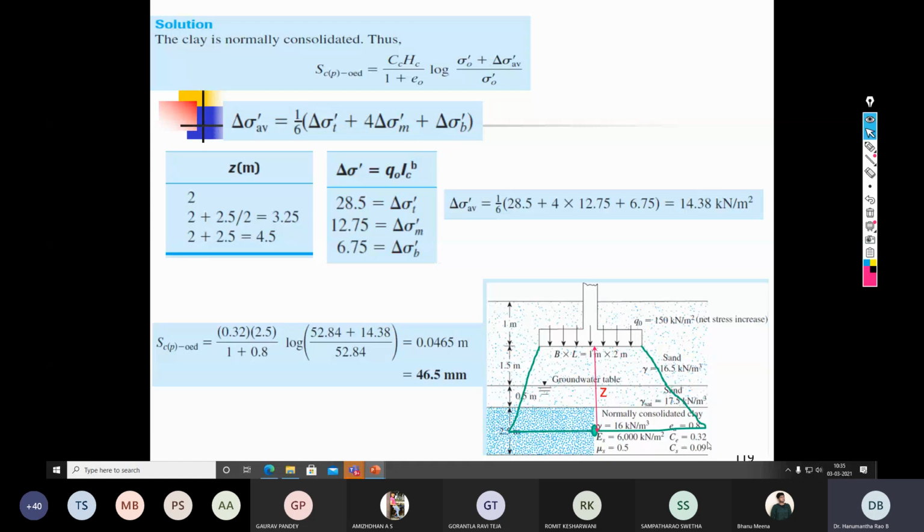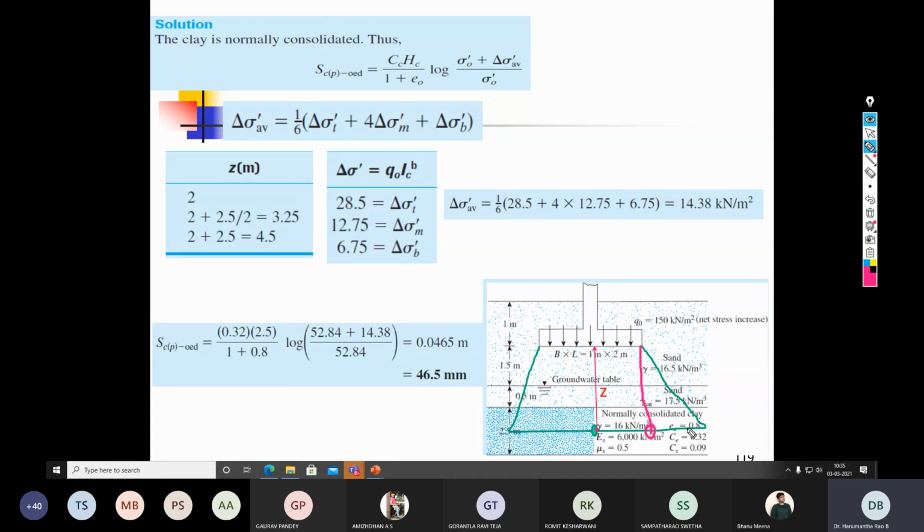If you take this one, what would be the stress at the middle or at the corner? This is called the corner. The stress cannot remain the same at the middle as well as at the corner. It is supposed to be a different value. But here there is an inherent assumption that it remains the same, which is not the case.